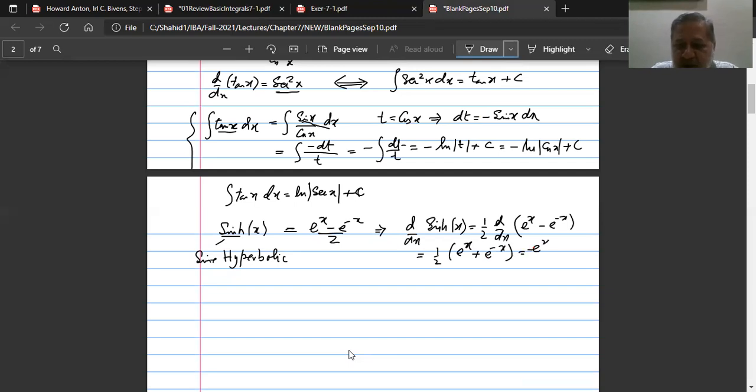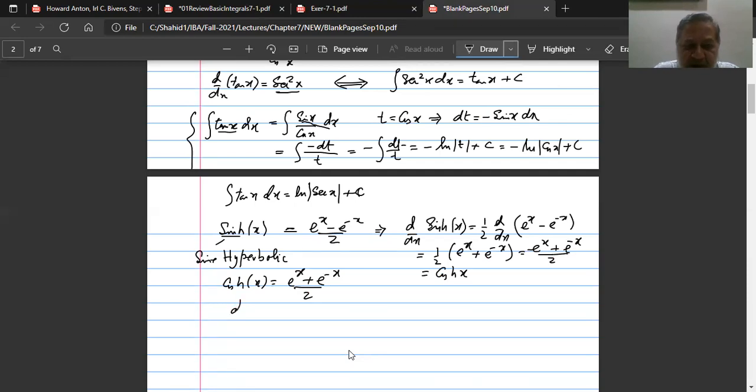Now, what is this function? This function is called cos hyperbolic x. So cos hyperbolic x is defined as (e^x + e^(−x))/2.